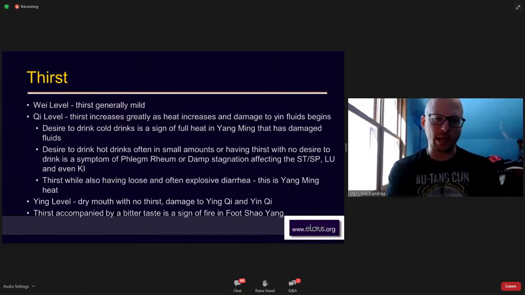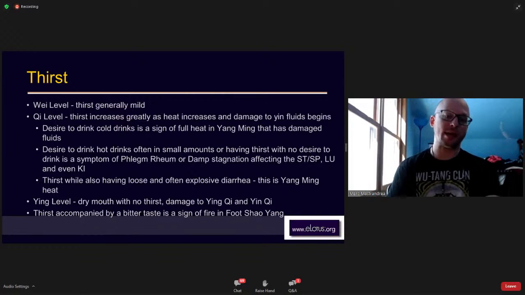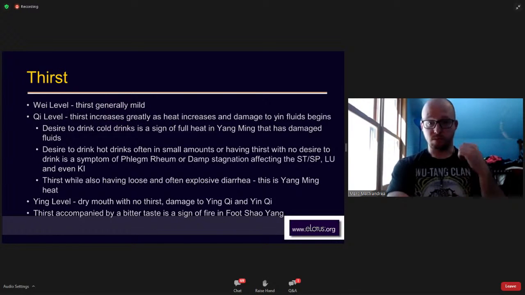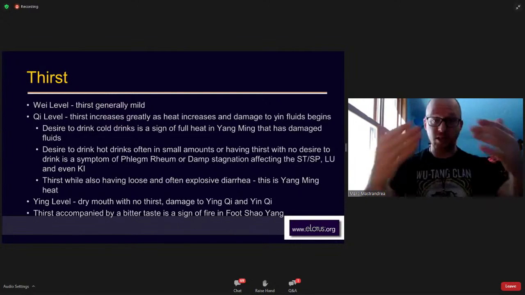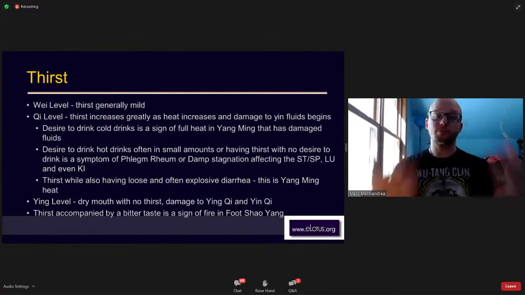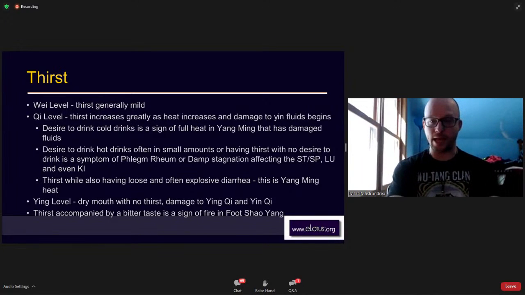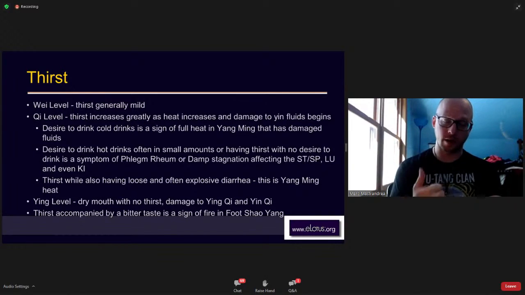Think of a wei level issue as more like heat in the lungs, or dryness in the lungs due to wind heat. That could occur, for example, in somebody who teaches. They're out teaching, like I have for the past day. You're talking a lot, so you're constantly losing lung yin. This is one of the reasons why an apple a day is good for the teacher, because it nourishes the yin in the lungs. Or a pear.